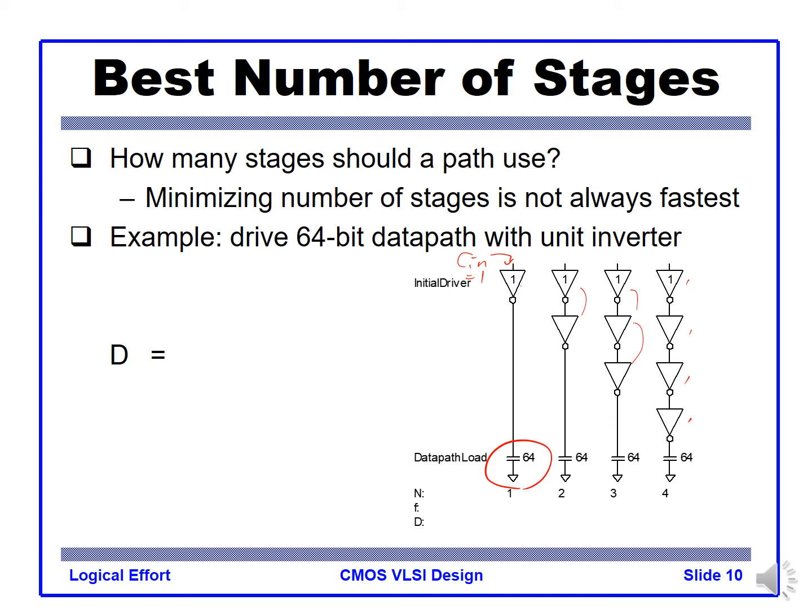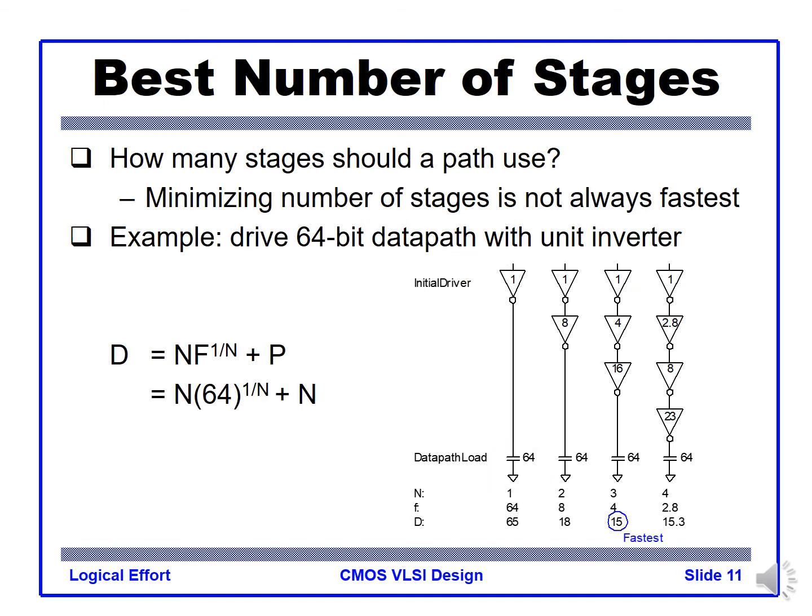So in the previous example in the slides, we assumed that we calculated the optimum path delay. Now our question is, what would be the best number of stages to minimize it? So we will find out for each of the 4 cases.